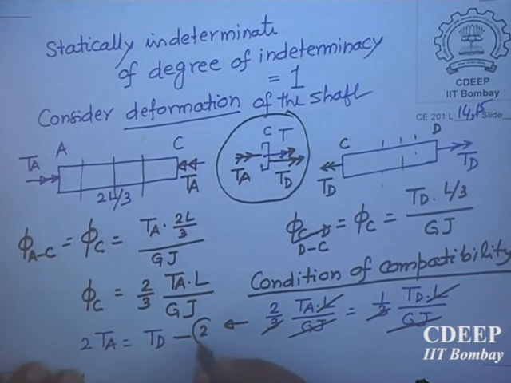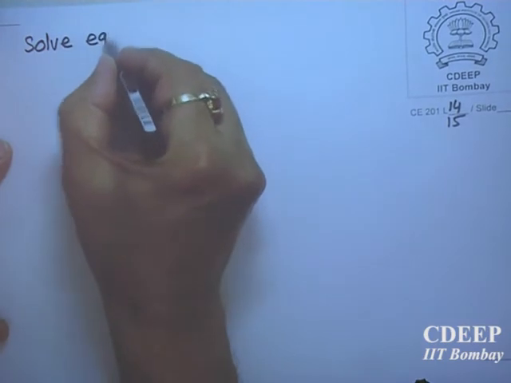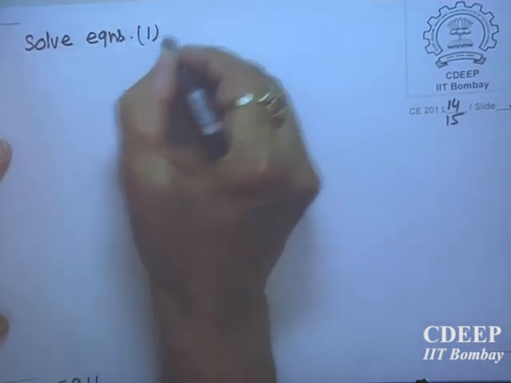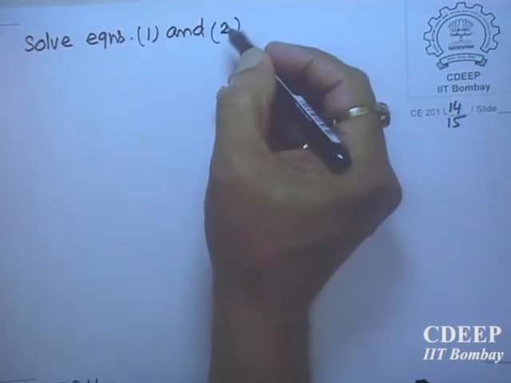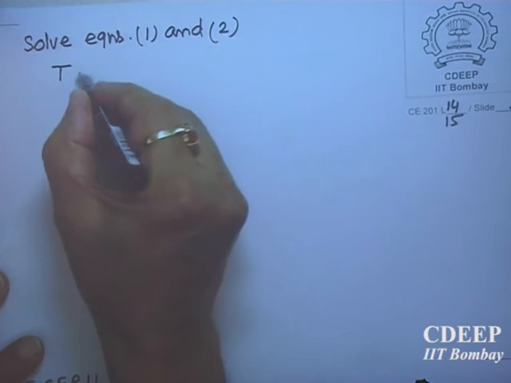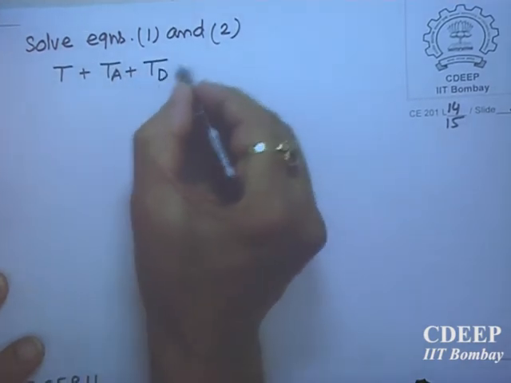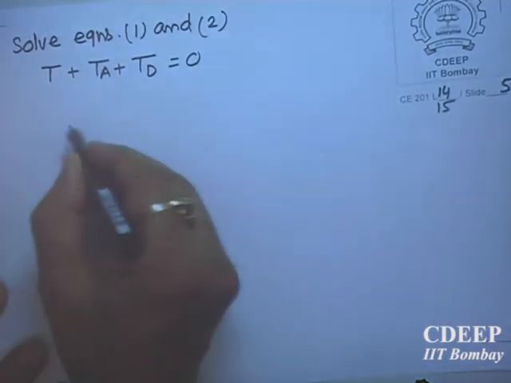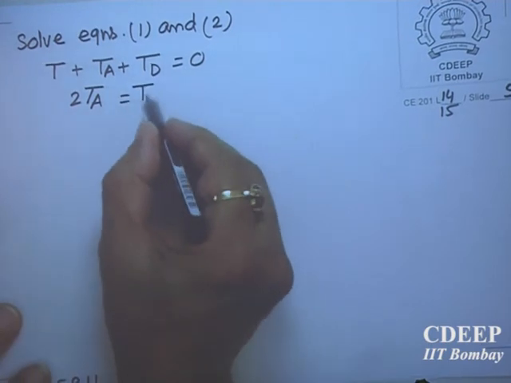So please solve equations 1 and 2. What is 1? 1 is T plus TA plus TD equal to 0, and 2 is 2 TA equal to TD.